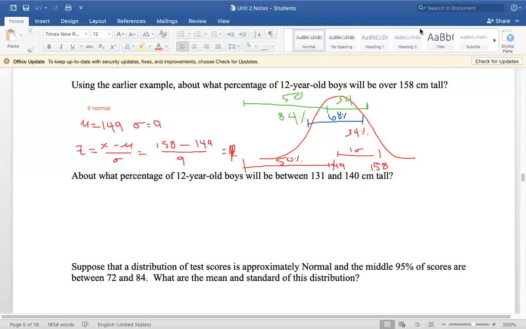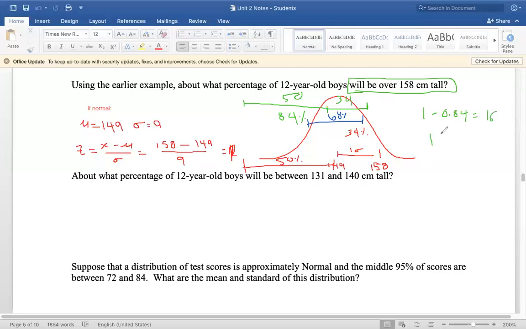But here we're looking at the probability that it's going to be over 158 centimeters tall. So 84% is from 158 and below, right? And what did we talk about earlier, the area under this curve, the whole thing is going to be 1. So all I have to do is go 1 minus 0.84, or 100 minus 84, and you get 16.